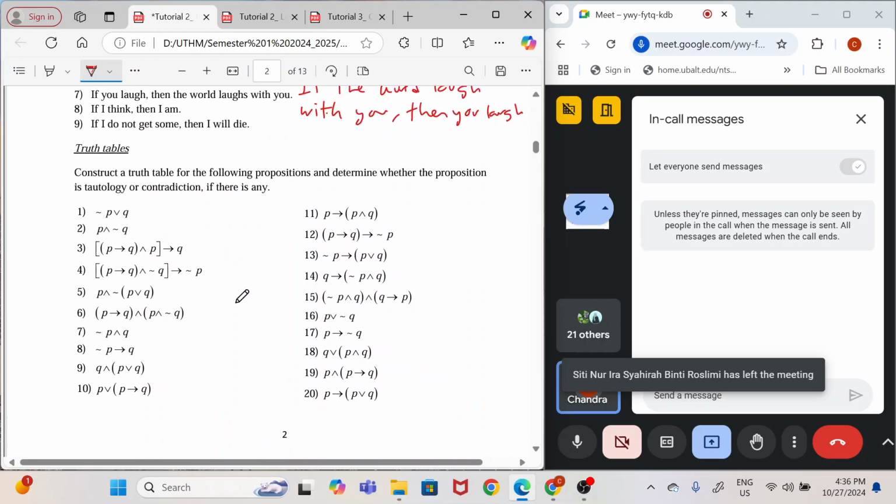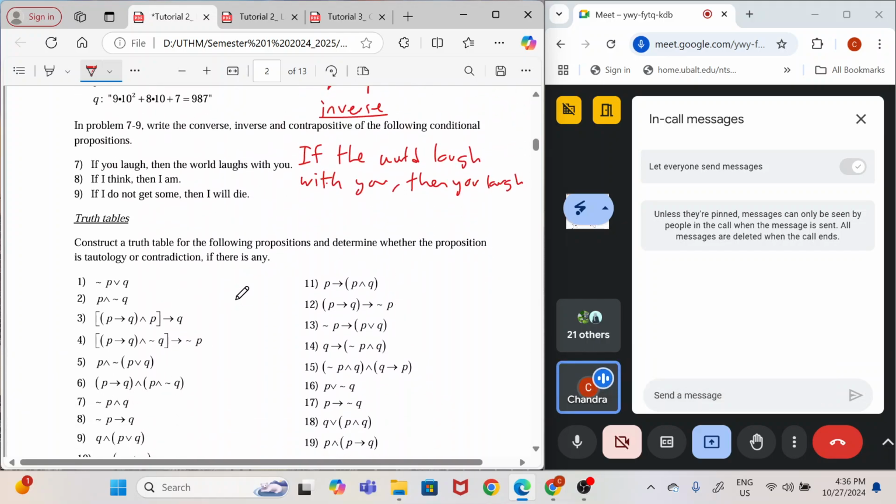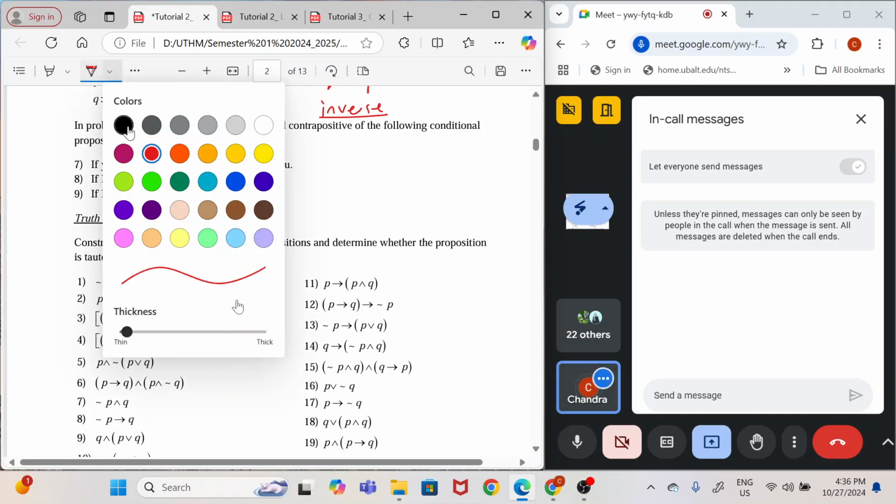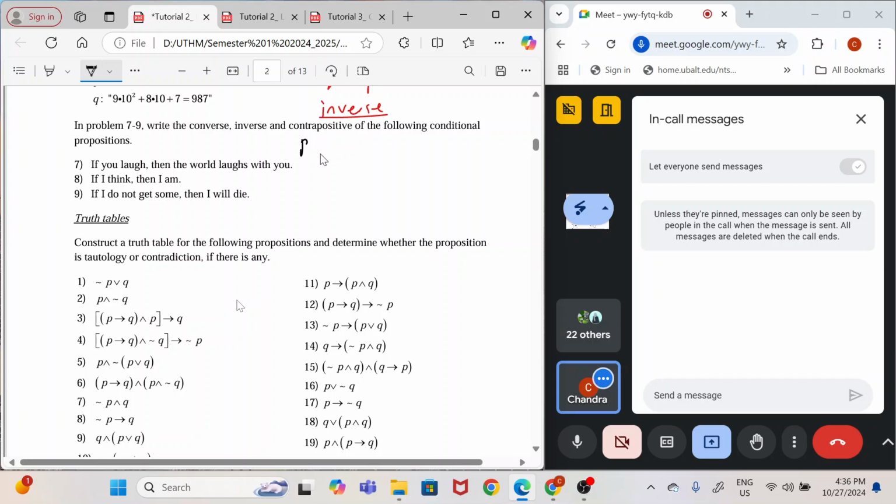If you have only P and Q, then you start the table with P and Q: true, true, false, false, true, false, true, false.